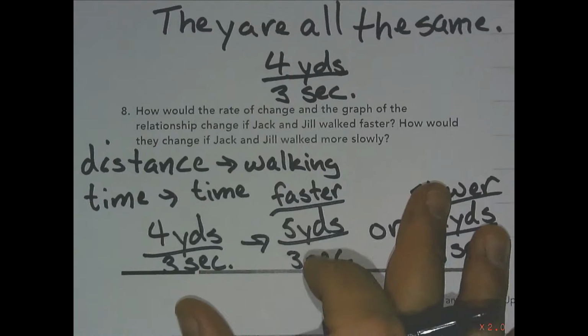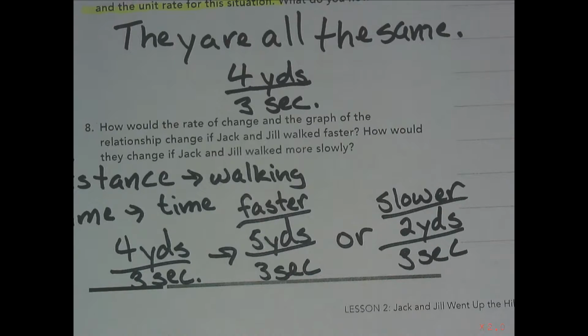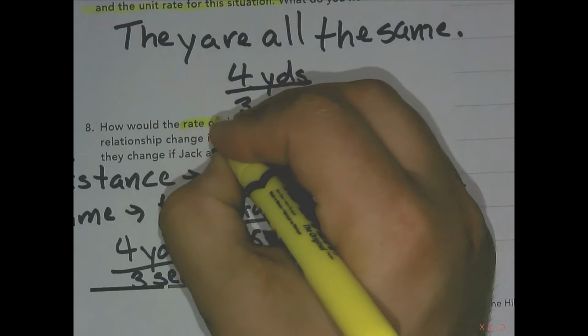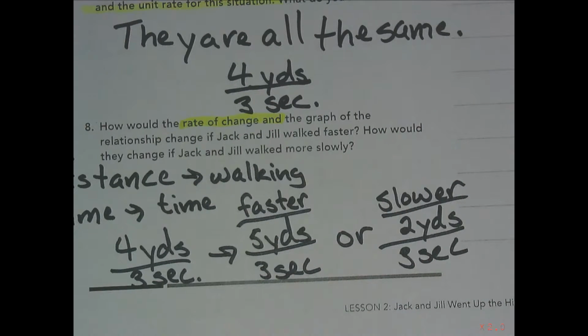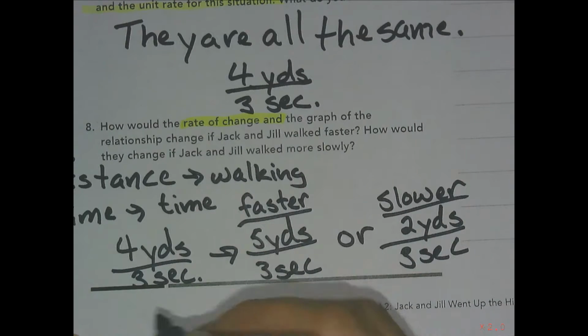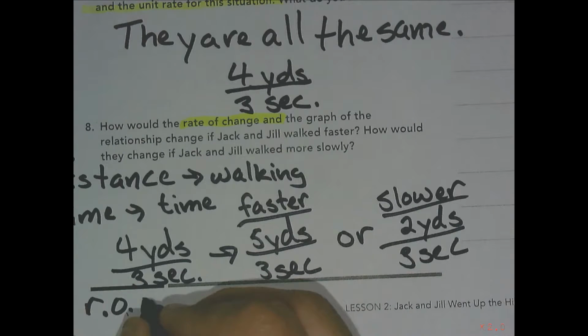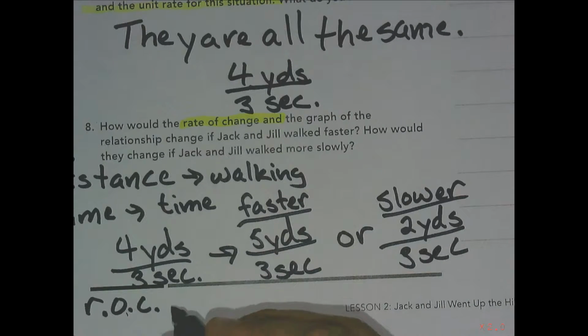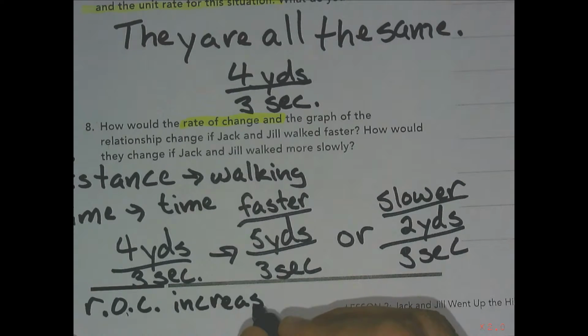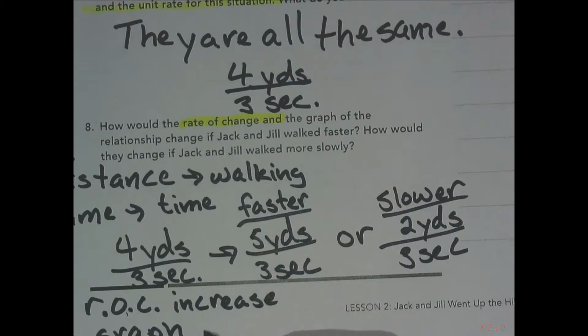So remember, I don't know if you guys remember this, but this rate of change is the same as the slope of the graph. And so if this is larger, so we would say the rate of change, as it increases, the graph gets steeper.